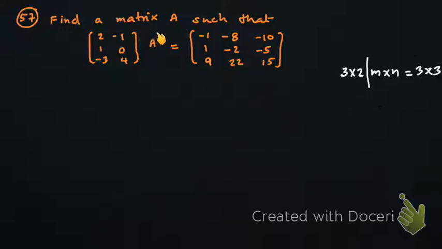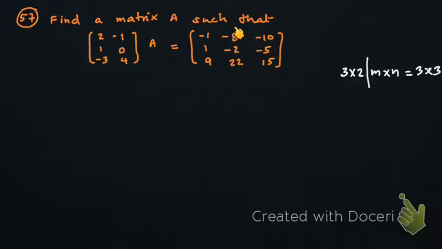Horizontally I count the first row, the second row, and the third row. So there are 3 rows, 1, 2 and 3. And then there are 2 columns, the first column and the second column. So it's a 3 by 2 matrix here, multiplied by an A matrix for which I don't know the order, so I assume it as m by n.